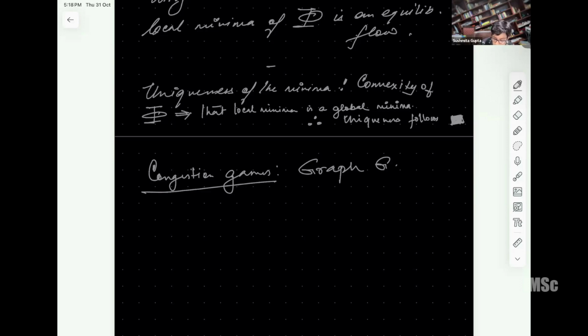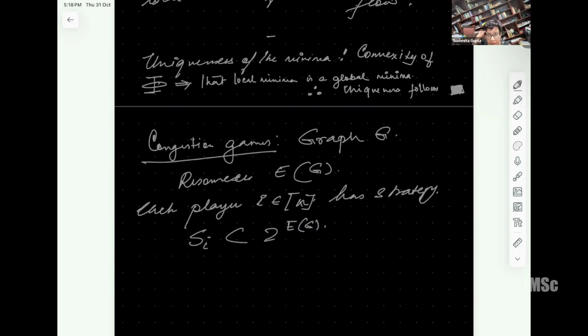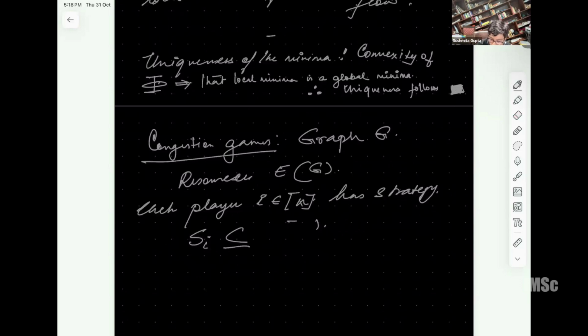So resources are like edges of this graph G. Each player has a strategy, which corresponds to some subset of the edge set of the graph. Basically, it can use a subset of the edges.